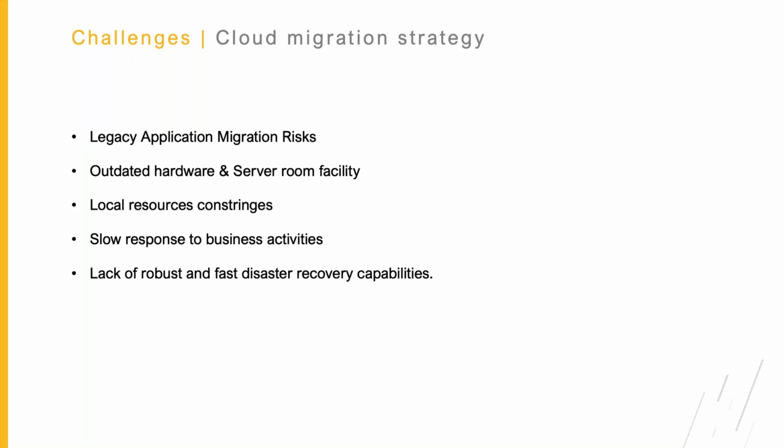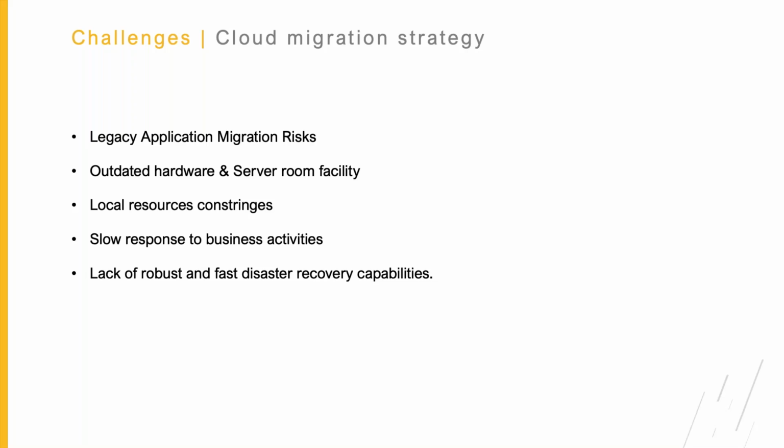Local resource constraints. This can be due to legacy distributed data center designs, those typical growing pains, where a stopgap solution was implemented without a clear plan, or simply reacting to data growth. Slow response to business requirements.